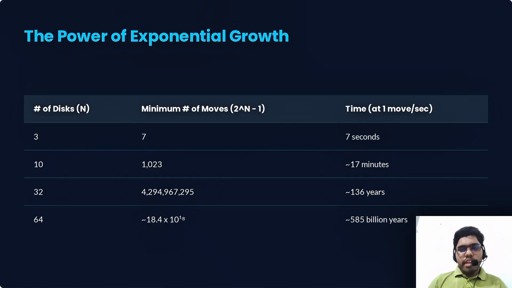Now you can see why it would take longer than the current age of the universe. This is why we say the Tower of Hanoi has exponential time complexity, which is considered highly inefficient for large n.